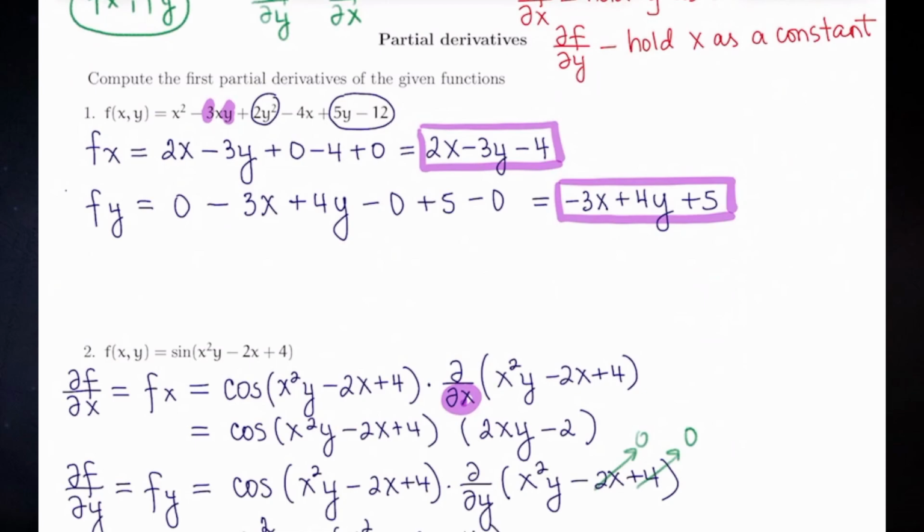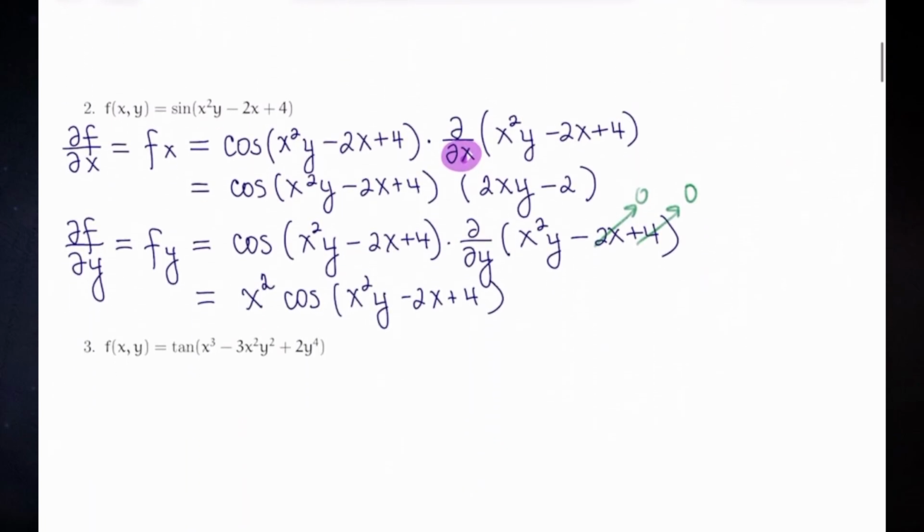Okay, so these are our two first partial derivatives. All right, do we have another problem? Yes, tangent. Let's take a look at this example here, very similar. Partial with respect to x.